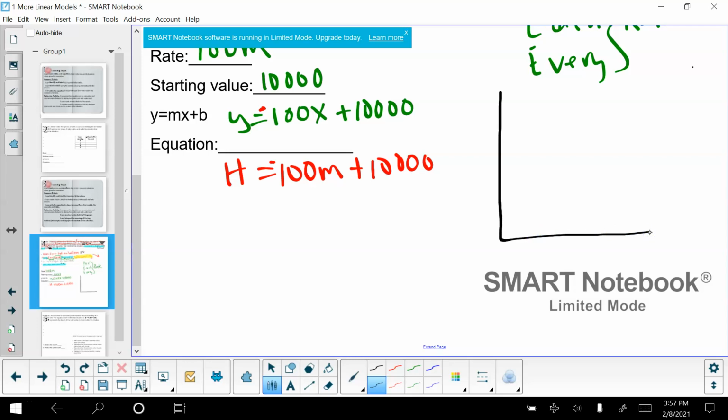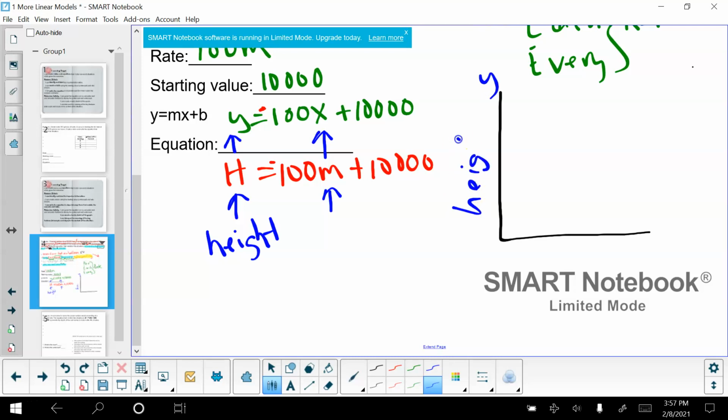Now I'm going to just remind myself about some labels. Okay, the h is the height, so that's my y-axis because that's the same as the y, so I'm going to put height. And the x was referencing the m, which is the minutes.